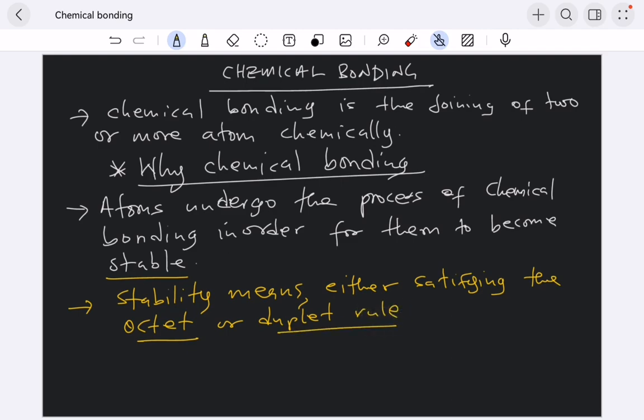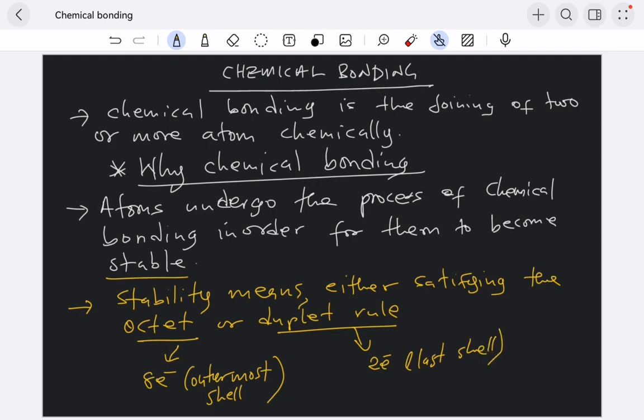So what does this mean? Octet simply means when you have 8 electrons in the outermost shell or the last shell. Then duplet means when you have 2 electrons in the last shell.